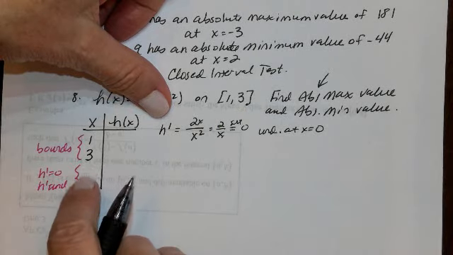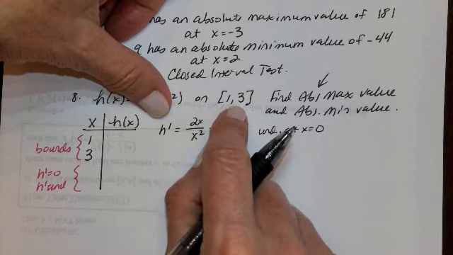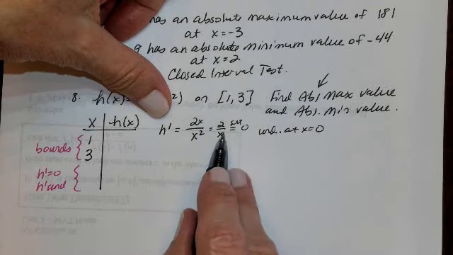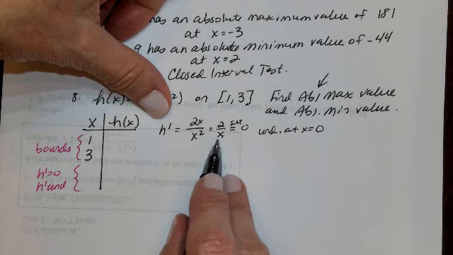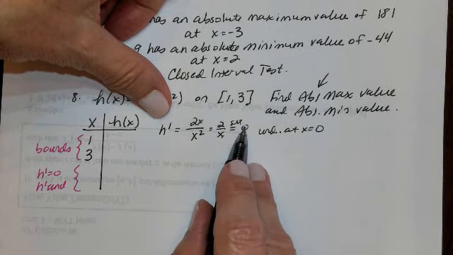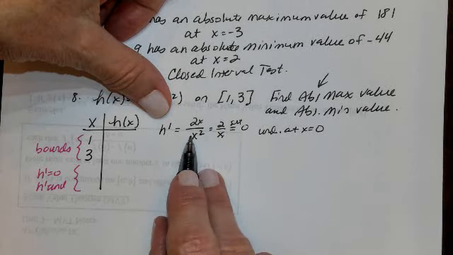So I'm not going to put anything over here that's not in my interval, because that doesn't matter. All right? Now, I finished solving this for x. If I multiply both sides by x, I get 2 is equal to 0, and that's just not true for any x. So there are no x values that make h prime 0.